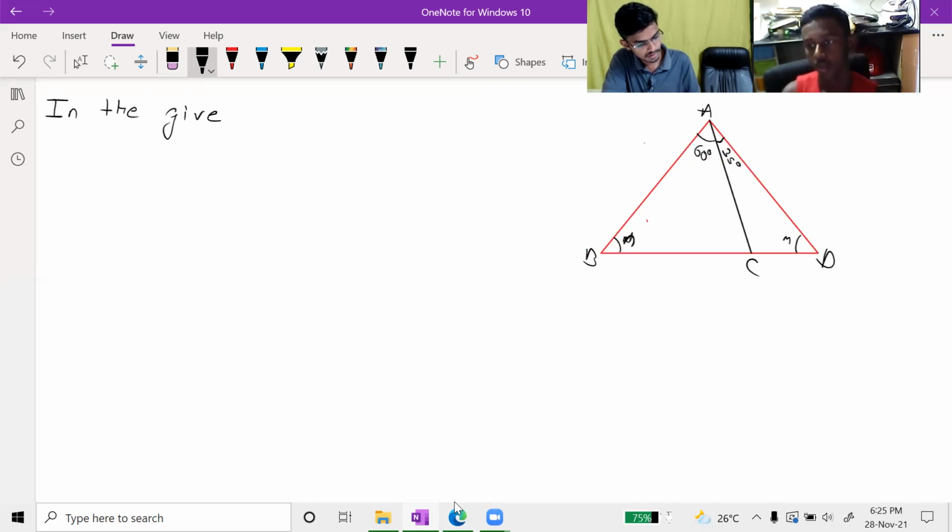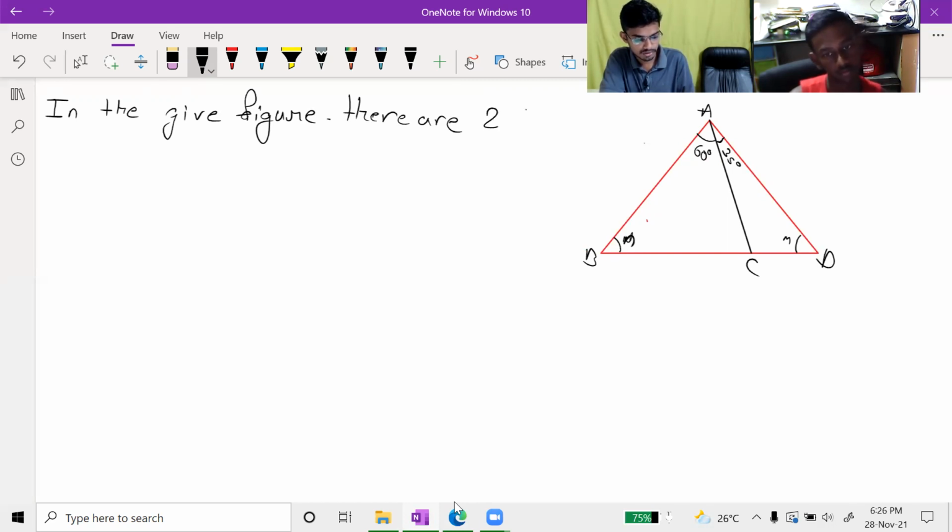In the given figure, how many triangles are there? Name them.